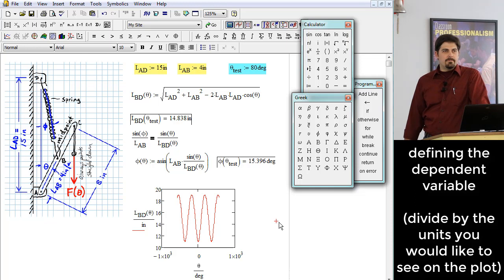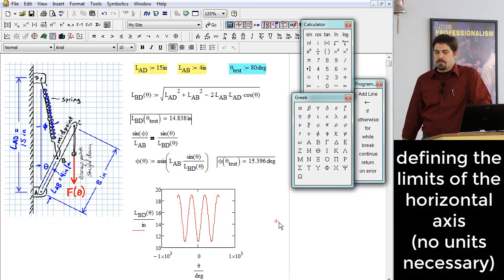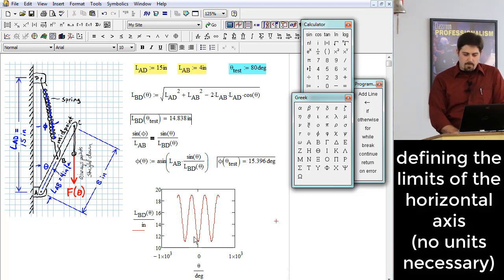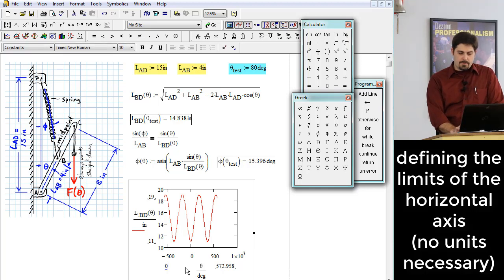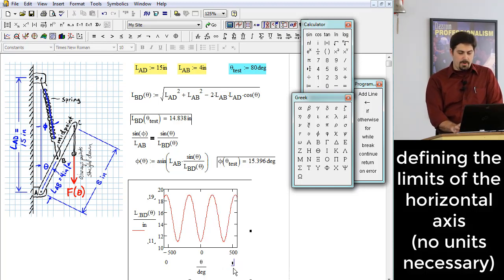Is that what we want? Do all values of theta make equal sense for this problem? Not really, right? Where does it make sense, mostly? Starting at 0, going to 180.